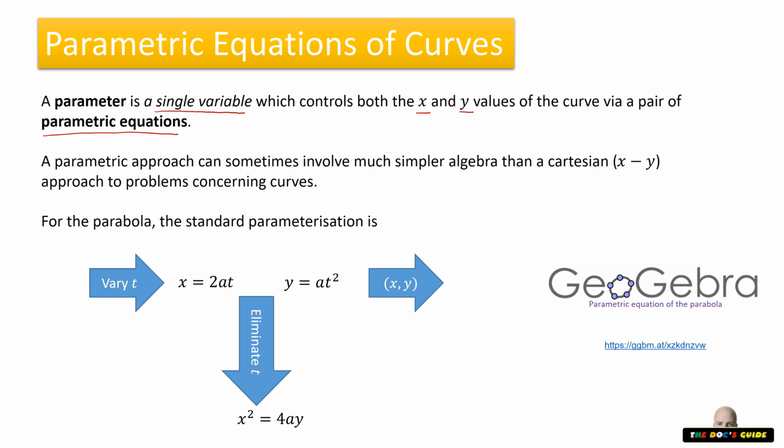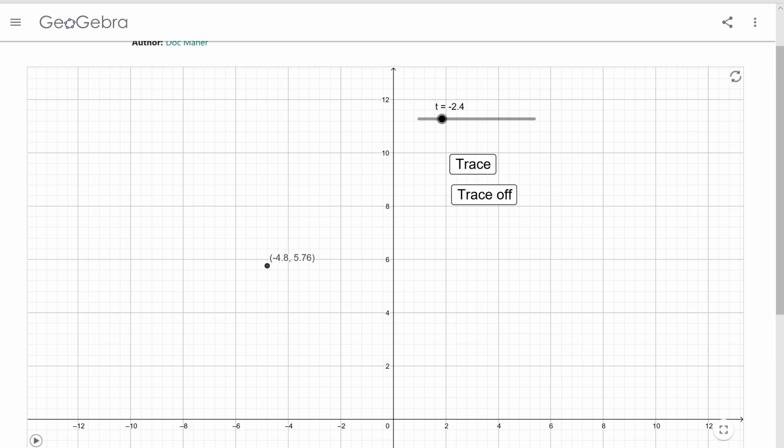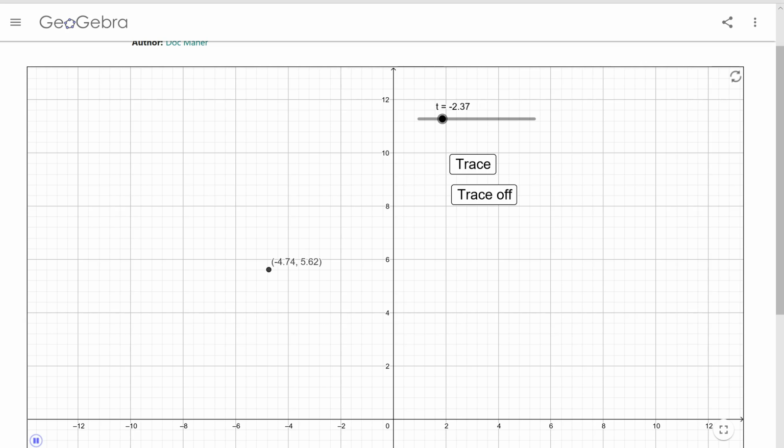So let's have a look at what this looks like by going to GeoGebra. So here we have a single point, and that point is being calculated in accordance with the two parametric equations. And at the moment the value of the parameter is t equals negative 2.4. We're just going to make the value of t vary and look at the position of the points as we go through.